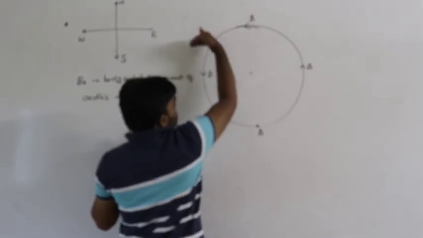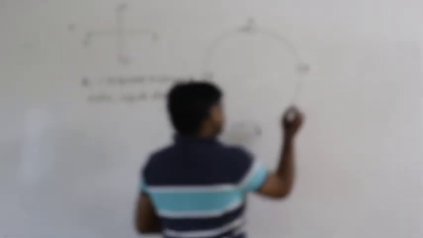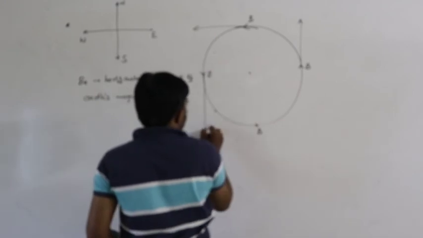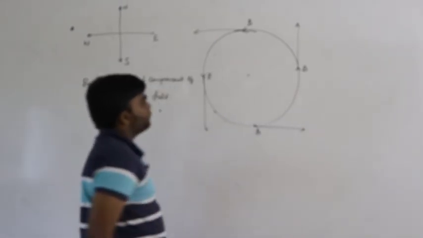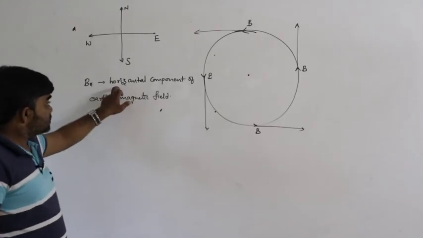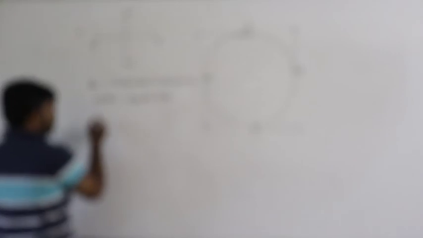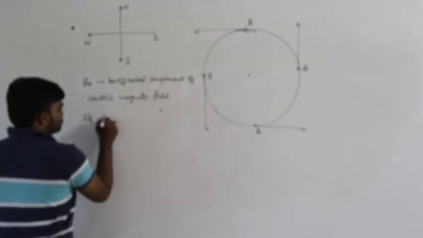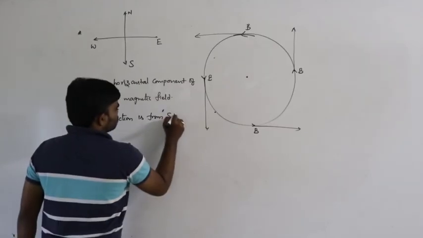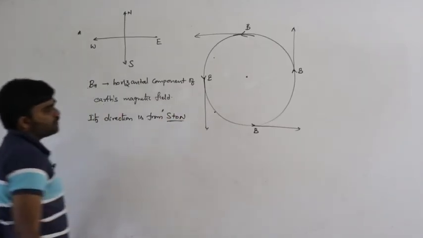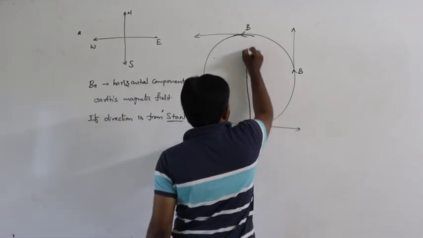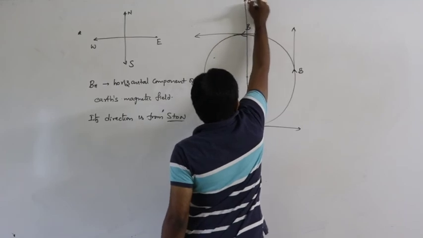The field is tangential at each point. But BH is the horizontal component of Earth's magnetic field. Its direction is always from south to north. So this is the direction of BH.